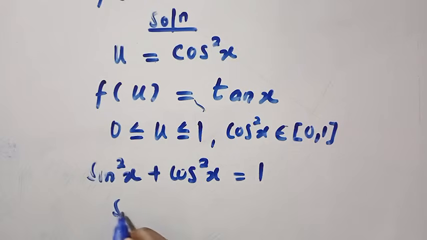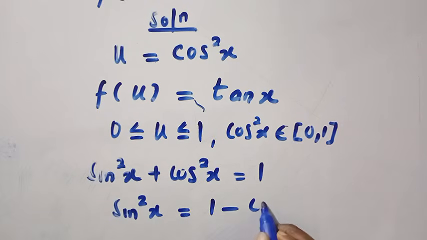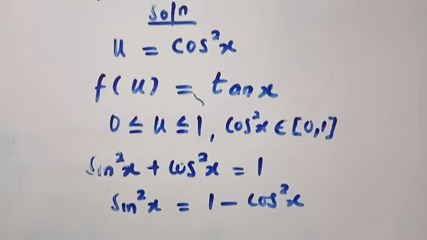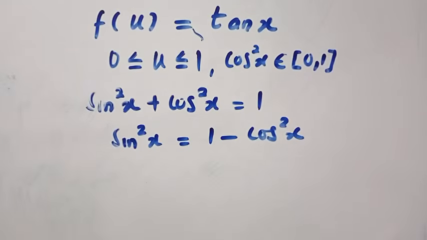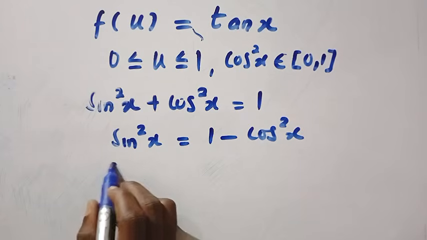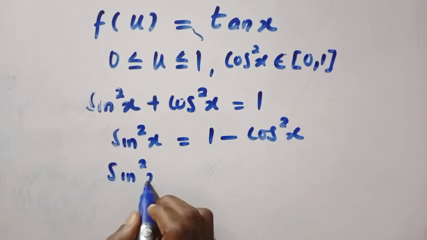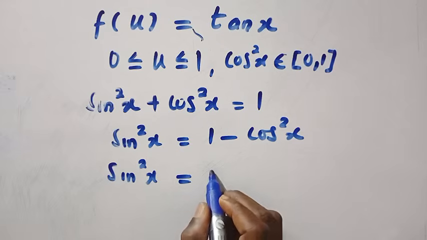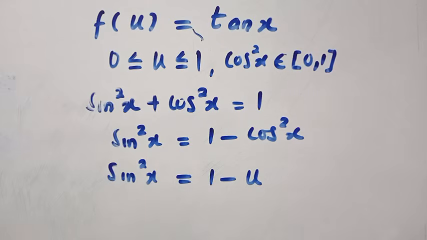By making sine squared x the subject of the formula, we have sine squared x equals 1 minus cos squared x. Expressing this in terms of u, since cos squared x equals u, sine squared x equals 1 minus u. So we are going to need this later.